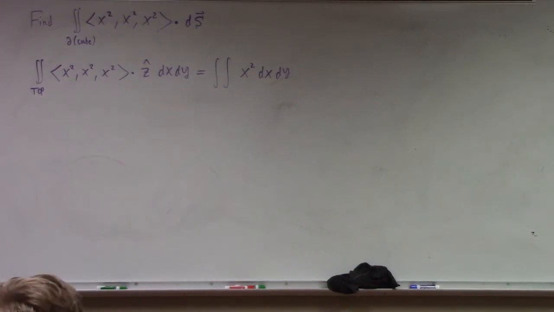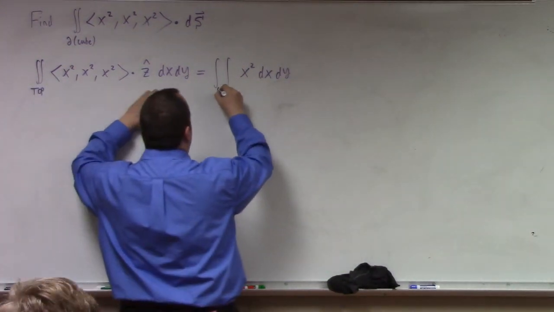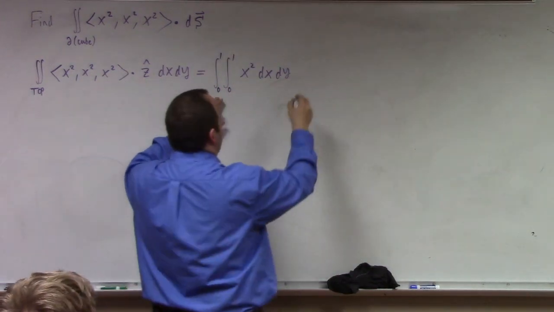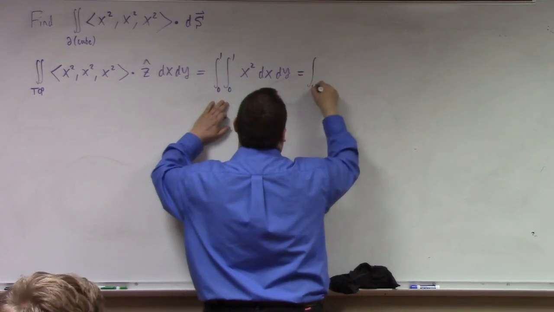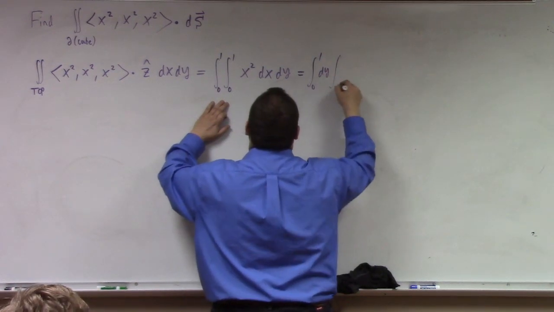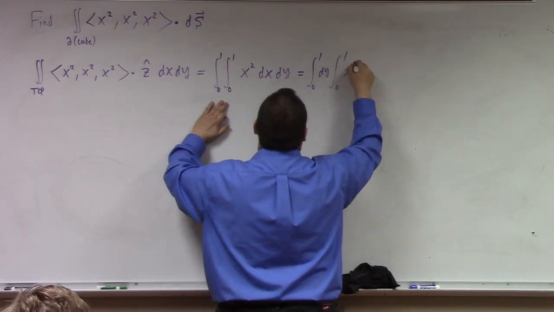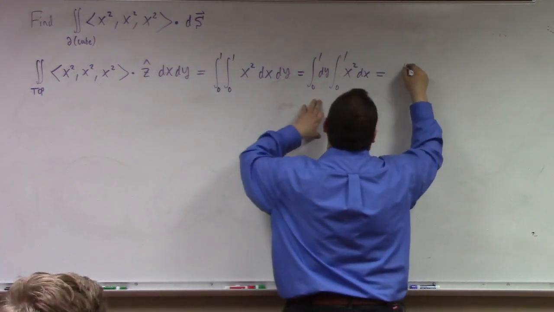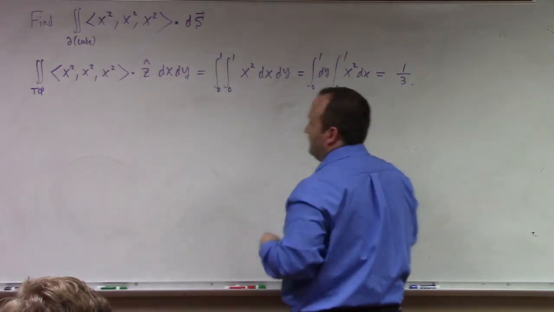It's just the unit square, right? And this one's pretty nice. We really just have the integral from 0 to 1 of dy, integral from 0 to 1 of x squared dx. So what does this give me? This gives me 1/3.